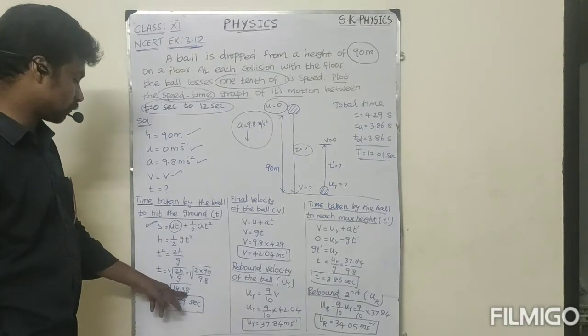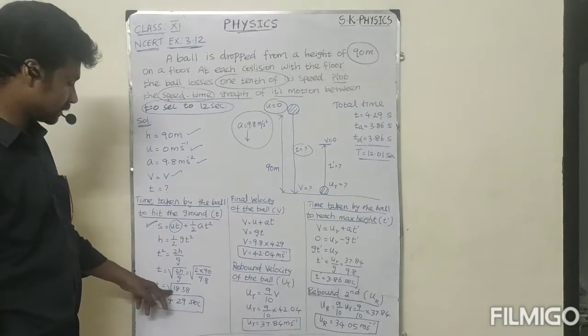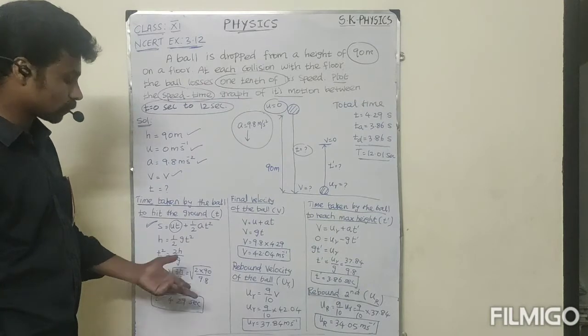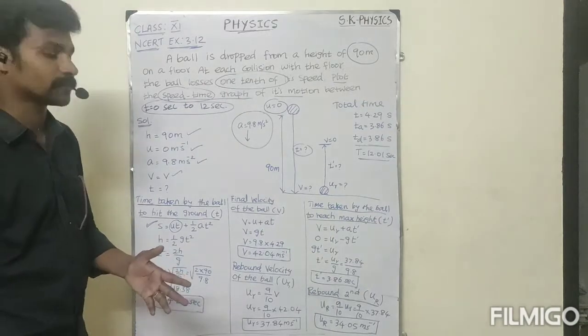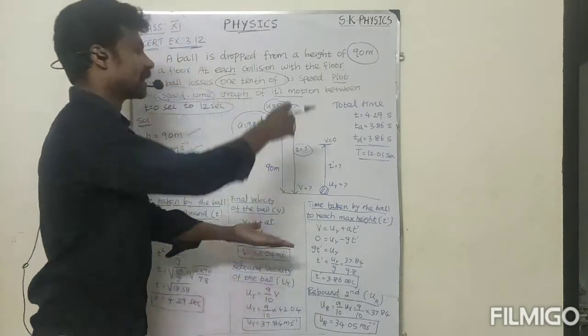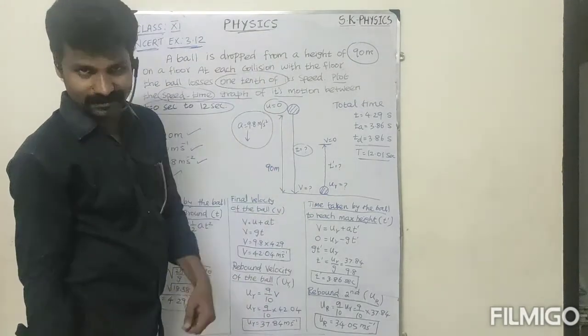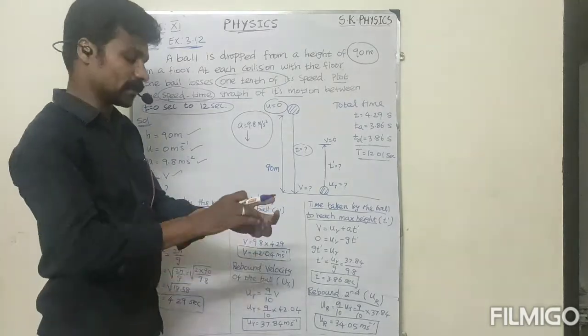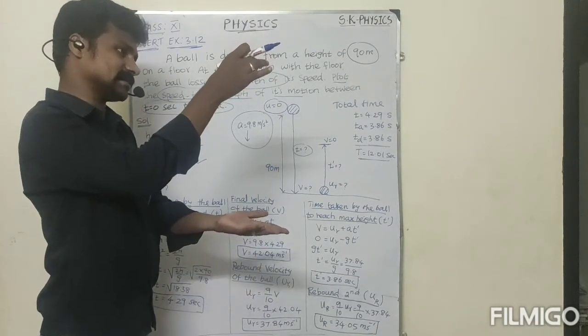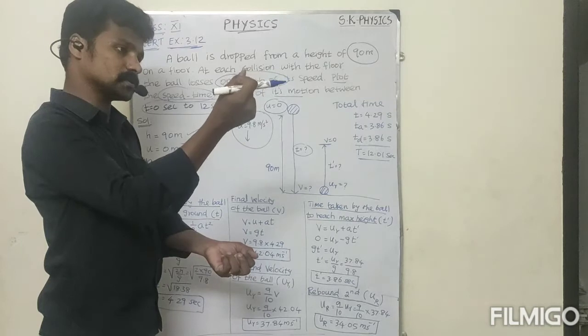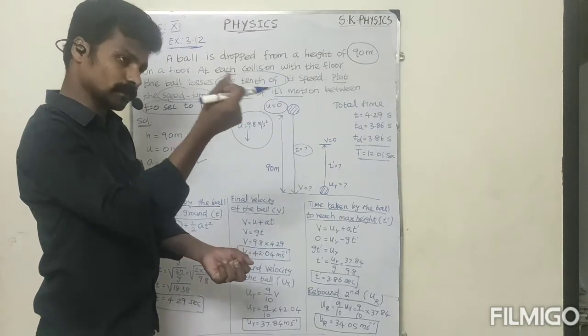So the square root of 18.38 gives 4.29 seconds. So in 4.29 seconds, it covers 90 meter distance, and we leave the object at 90 meter height.